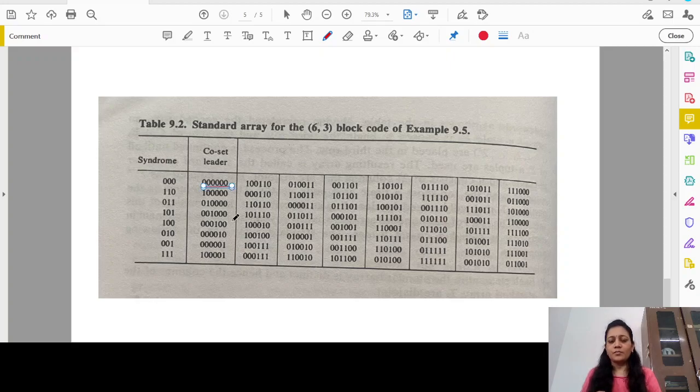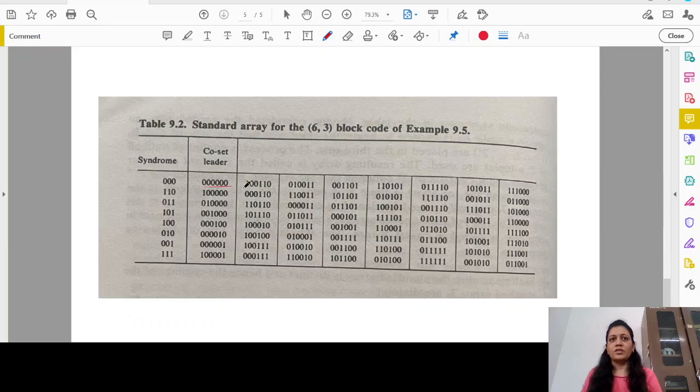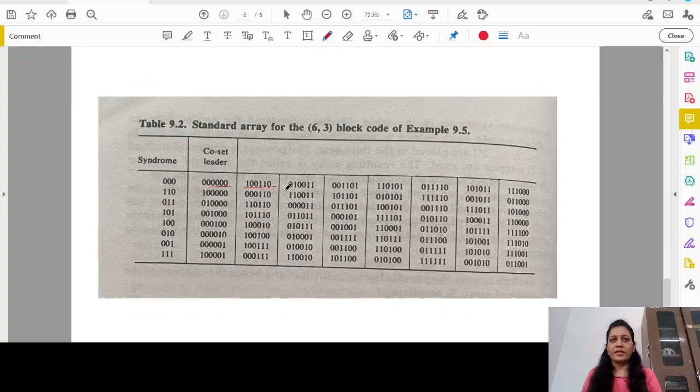Then I will take 100110, similarly 010011. In a similar way, we are writing all the 8 code words in my first row. Okay, so we have written all the valid code words.